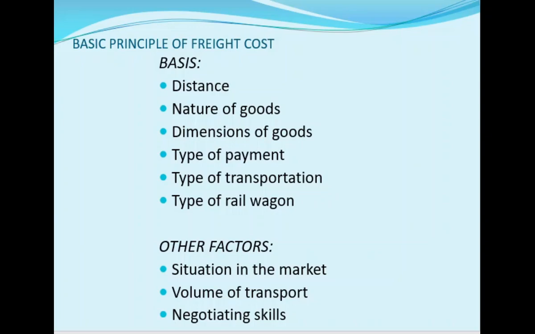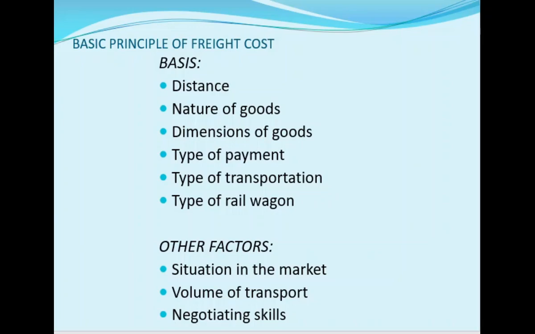The dimension of goods would also affect the freight, because if goods being shipped or transported are extensive, then they will probably require the longer versions of the different types of wagons.